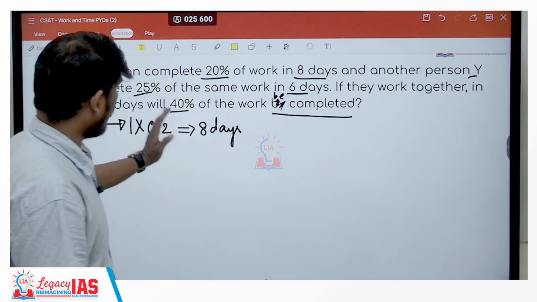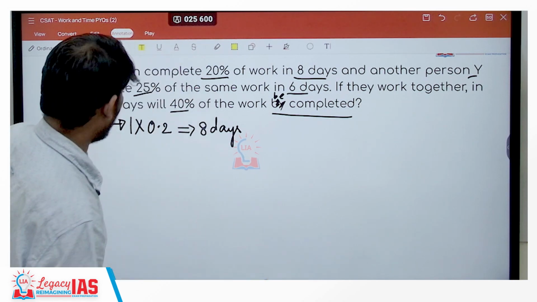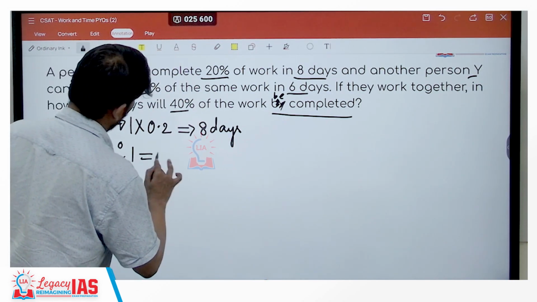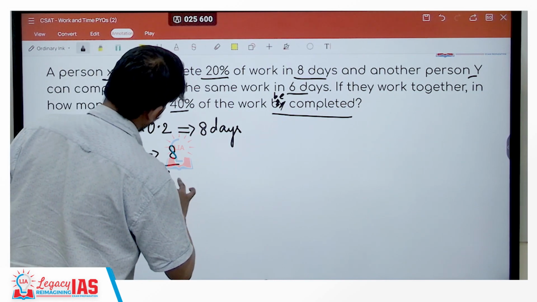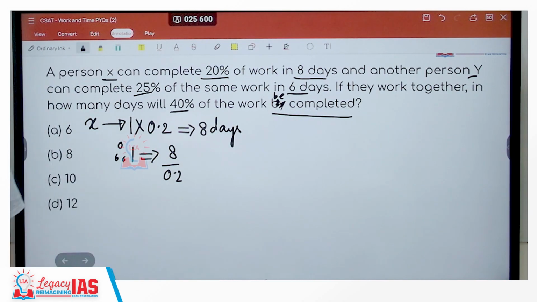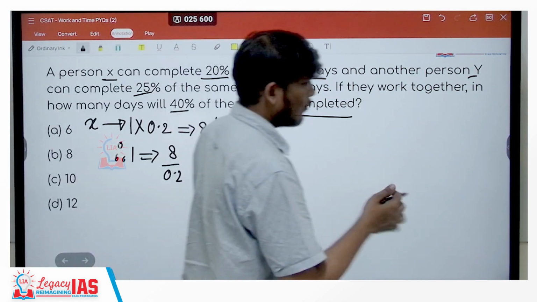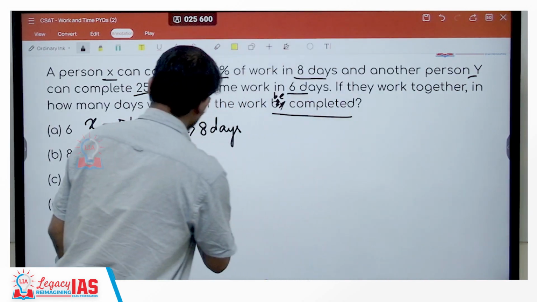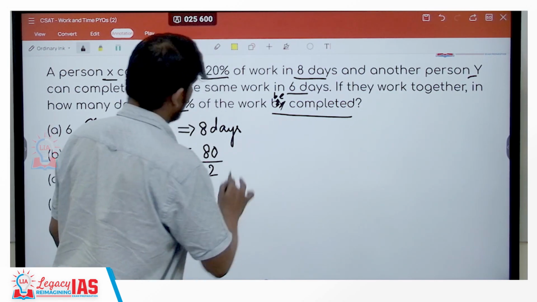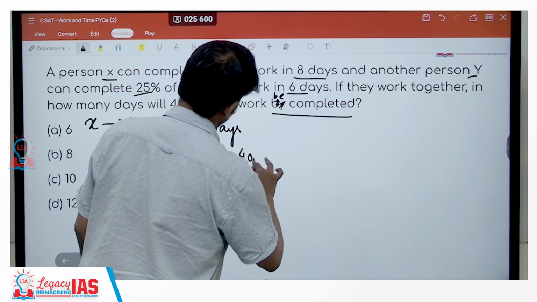So if 0.2 of the work gets completed in 8 days, therefore one work would be completed in how many days? 8 upon 0.2. How to solve 8 upon 0.2? Remove the decimal by adding a 0 here, so it requires 40 days.